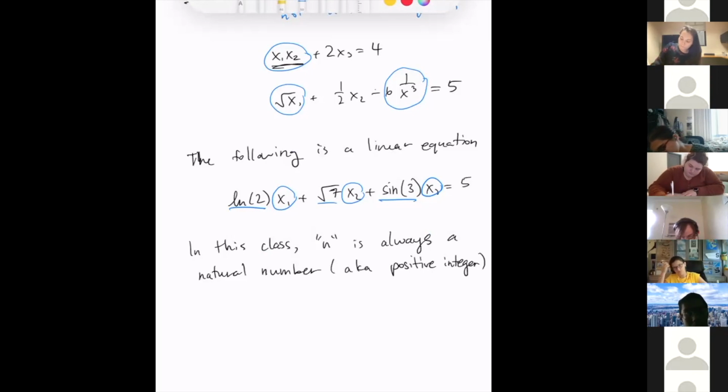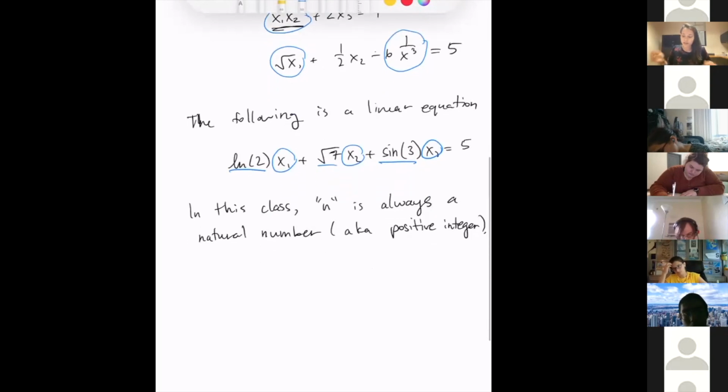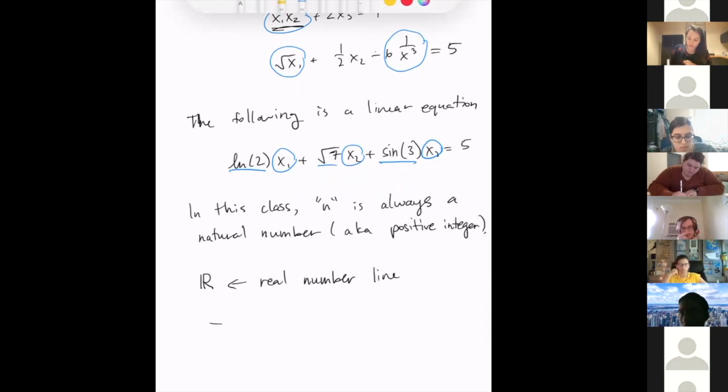Before I get too far, I do want to go over something real quick, notation wise. You may have seen this before, this R written with two lines. This is the notation that we use for the real number line. So just your regular number line with 0 and all the other real numbers.